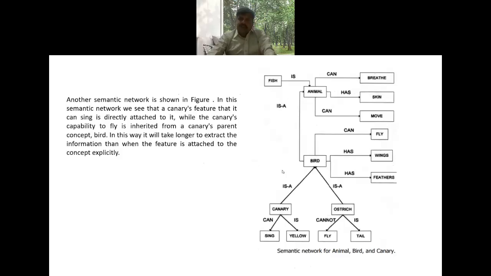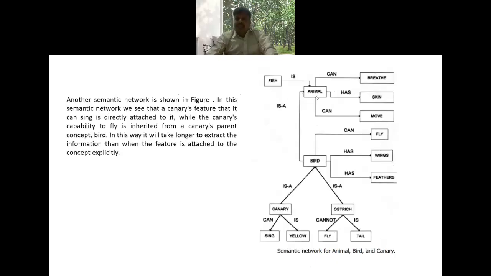So here the properties can be inherited. For example, bird has the properties of fly, bird has wings, bird has feathers. These are the properties which every bird will possess. So ostrich as well as canary can inherit all these properties from their parent classes.